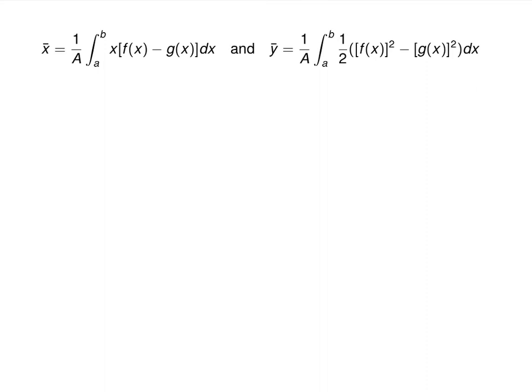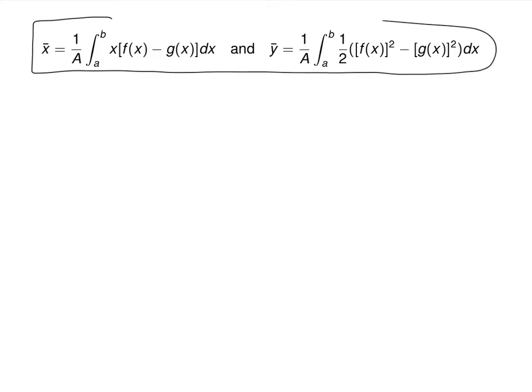In summary, here are the formulas that you should use to find x bar and y bar. I would always suggest first to find A, the area between the curves, a to b, f of x minus g of x dx. And of course, it's assuming you have actually graphed the curves first.